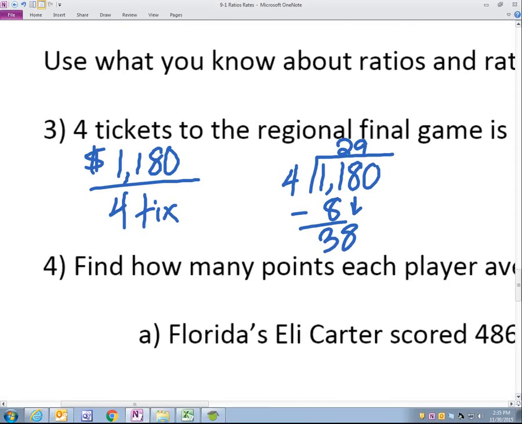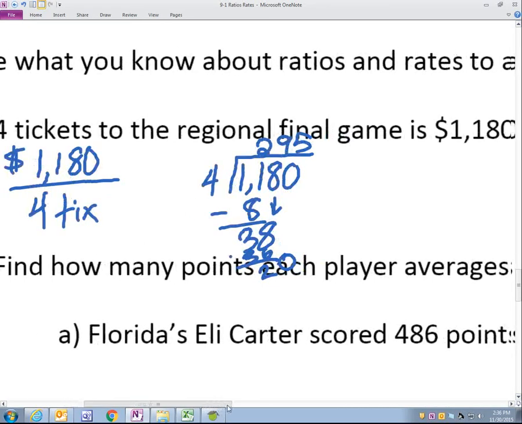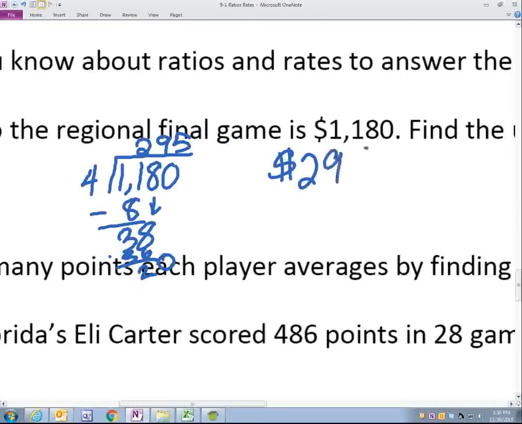It doesn't seem right. Just 36. 45. So it comes out to be $295 a ticket.